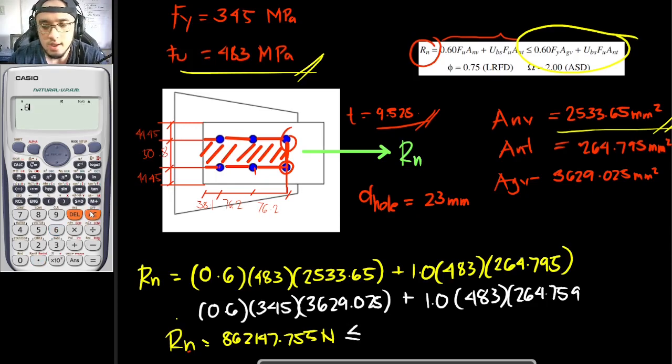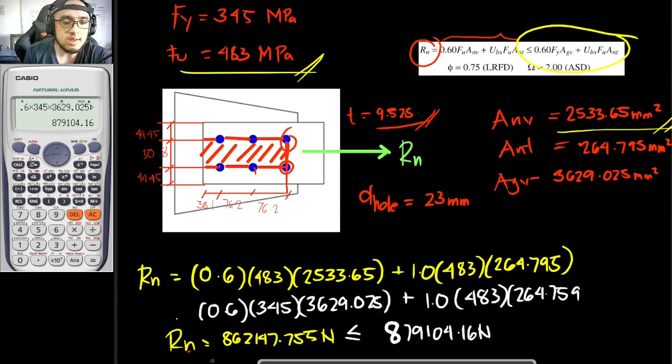So 0.6 times 345 times 3629.025 plus 483 times 264.795. Our answer here would be 879,104.16 newtons. And as you can see, the first is our governing value since it is less than this one right here.